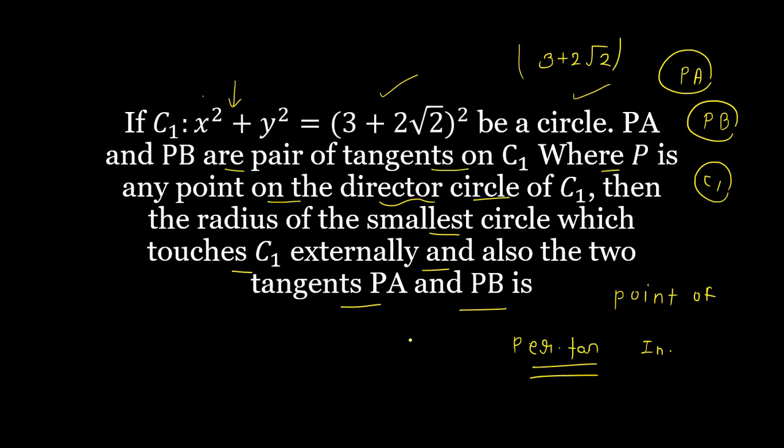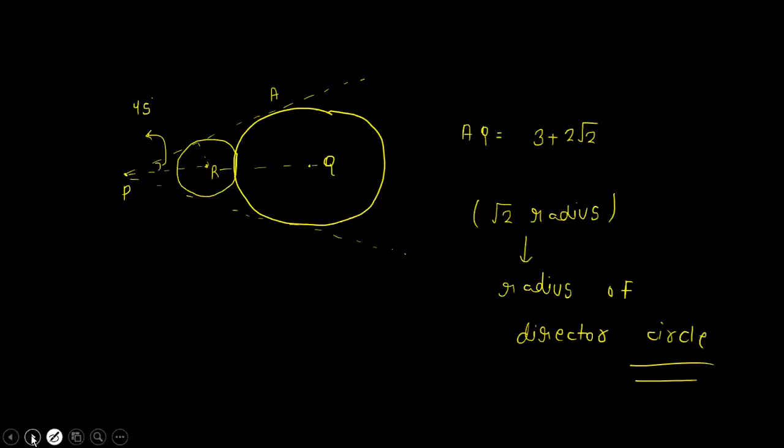The angle between the tangents is 90 degrees. Their point of intersection locus is the director circle. Then we have to tell the radius of the smallest circle which touches C1 externally, and also the two tangents PA and PB. So let's see this problem solution.